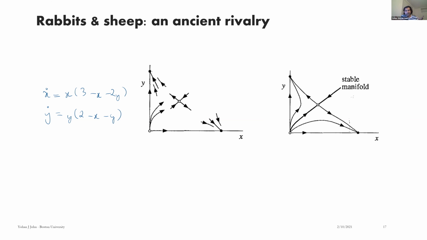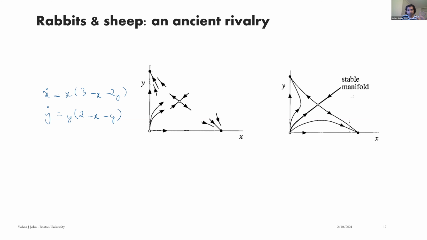So that's, in a nutshell, one of the things that dynamical systems theory in its qualitative form gives you: you can analyze the fixed points and use these basically topological criteria to understand what's happening globally.